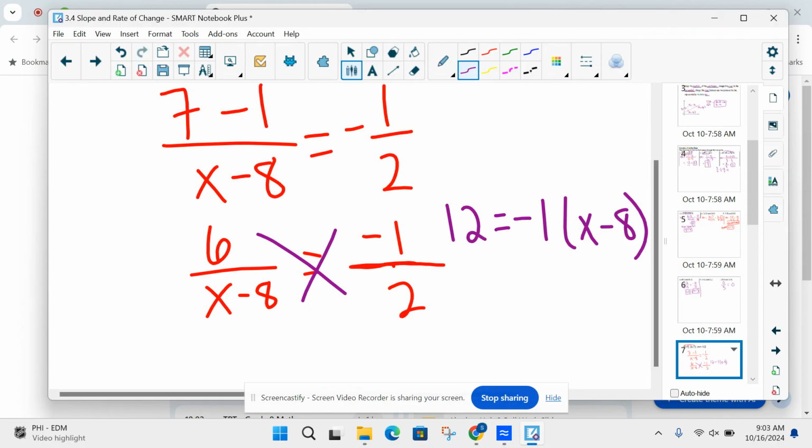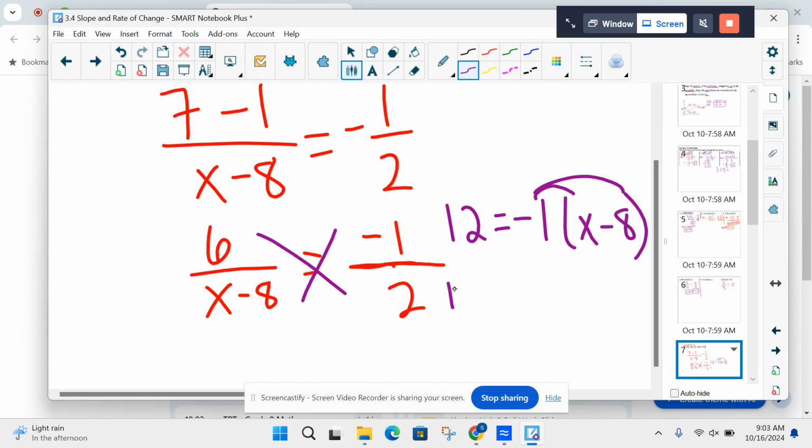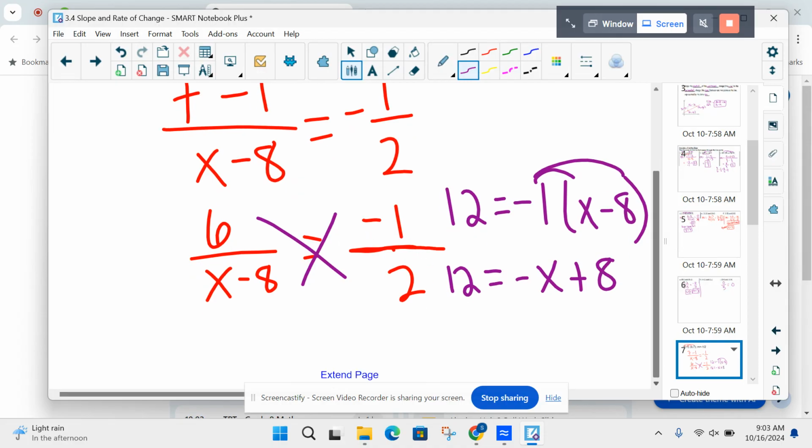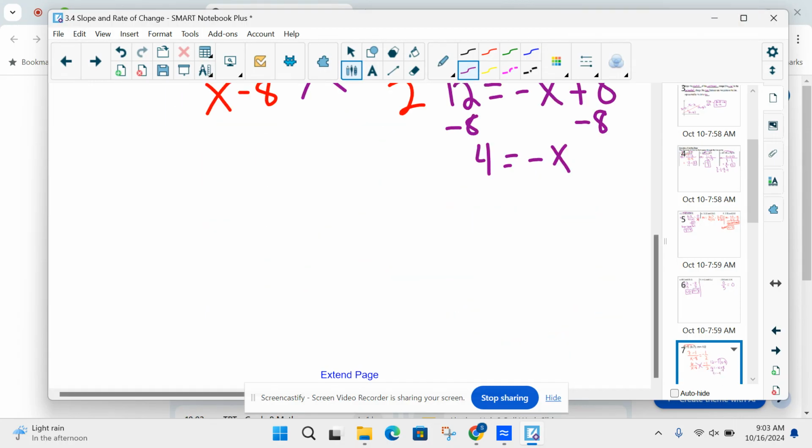Try cross multiplying. After this, you would have to distribute the negative 1. So you'd get 12 equals negative x and then plus 8, because negative 1 times negative 8 is positive 8. Then you would subtract the 8 over to get 4 equals negative x.